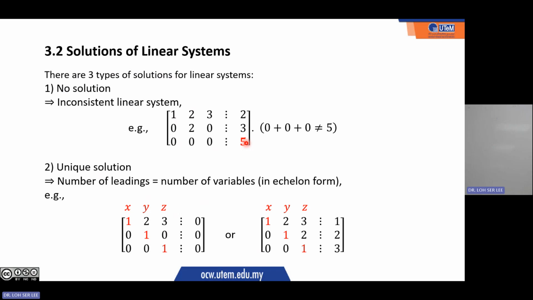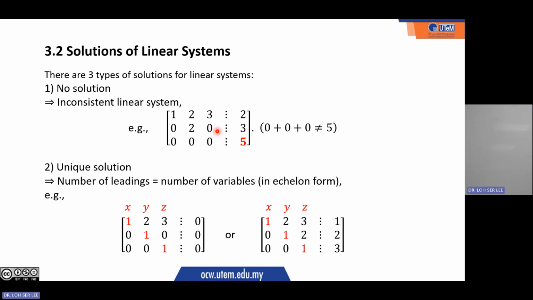That is impossible, right? 0 equals 5 is impossible because 0 is not equal to 5. So this linear system gives no solution because it is inconsistent. I repeat, in a row echelon form, when you get all zeros on the left and a non-zero on the right, that means this linear system gives no solution because it is an inconsistent linear system.